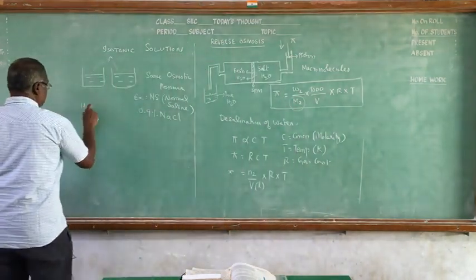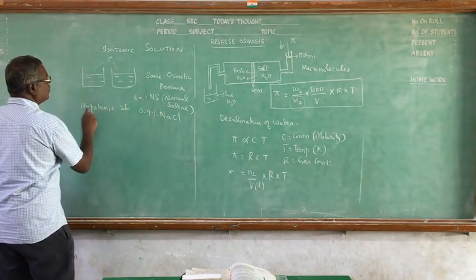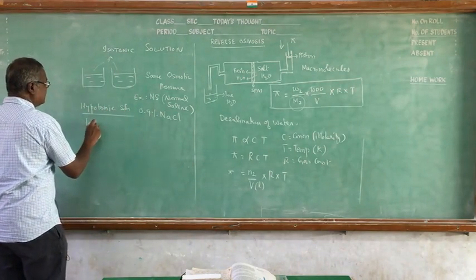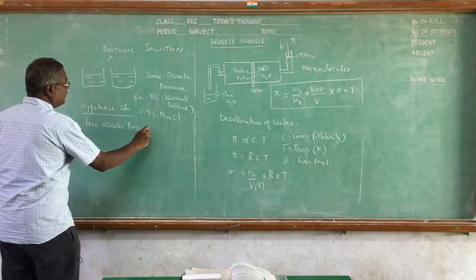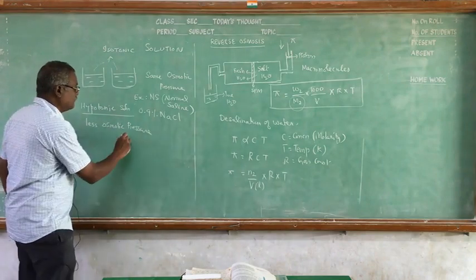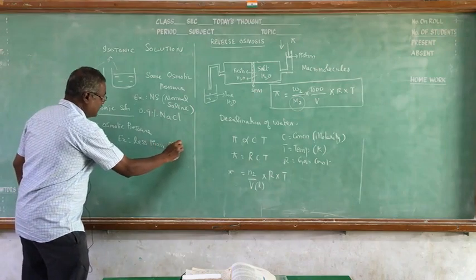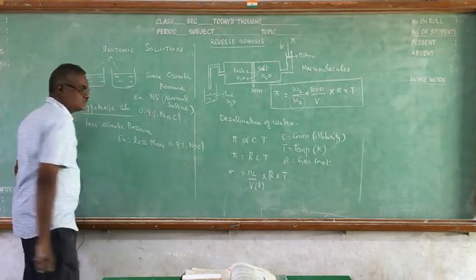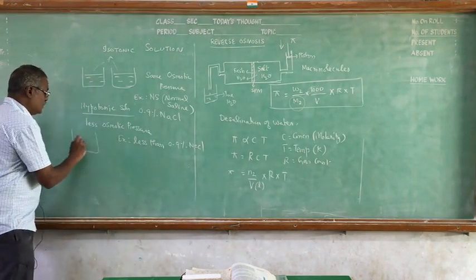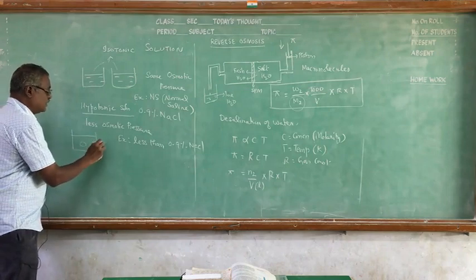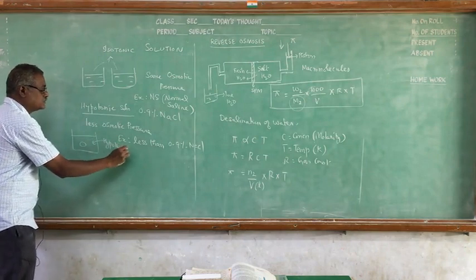Then hypotonic. A hypotonic solution is one which has less osmotic pressure than the normal osmotic pressure. Example, less than 0.9% sodium chloride. Suppose a blood cell is kept in a hypotonic solution, what will happen?